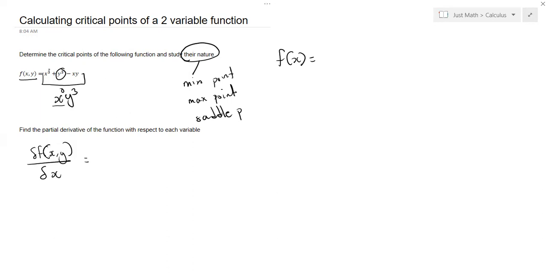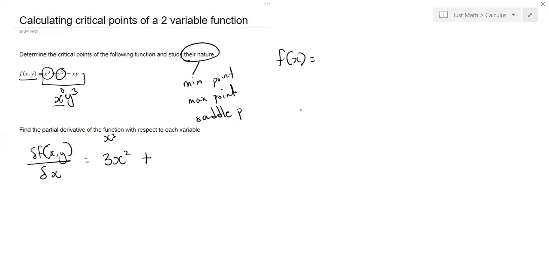So let's start with this one. What's the derivative of x to the power of 3? That will be 3x squared. There's no y, so we go to the next one. Plus what's going to be the derivative of y to the power of 3 with respect to x?